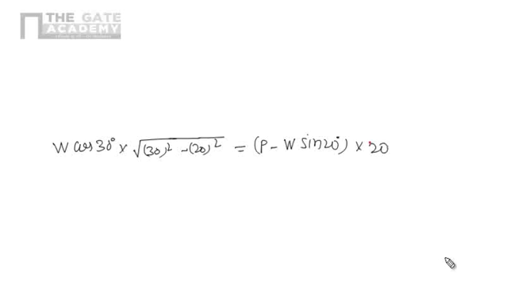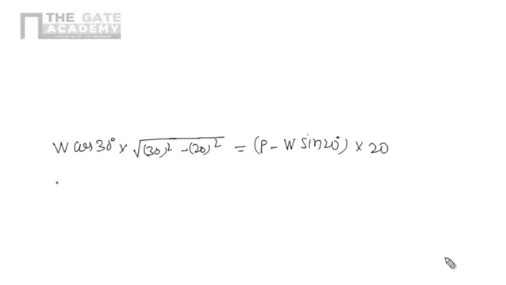I am writing the equation again: W cos 30 into the square root of 30 square minus 20 square equals to P minus W sin 30 into 20.